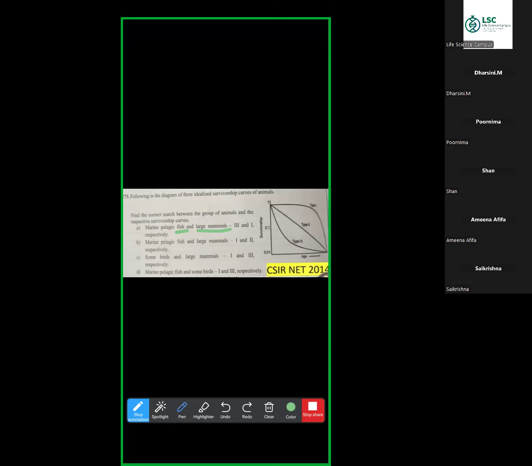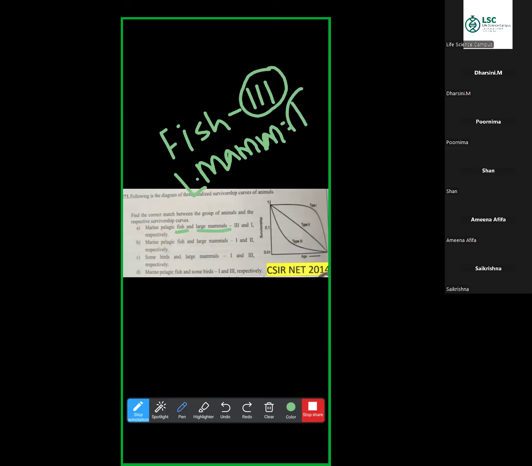It is type 2. But in the question, they are asking large mammals. For large mammals, it is type 1. For fishes, it is type 3. So answer will be 3 and 1 respectively.